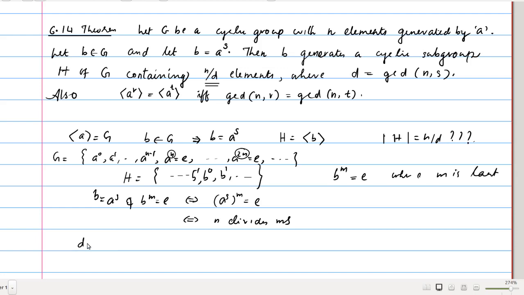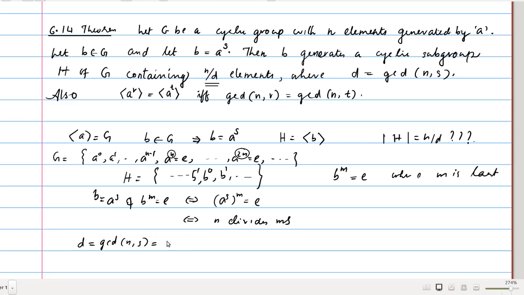For that we define d as the GCD of n comma s. This GCD of n comma s is defined as the positive generator of the subgroup H consisting of multiples of n and multiples of s.